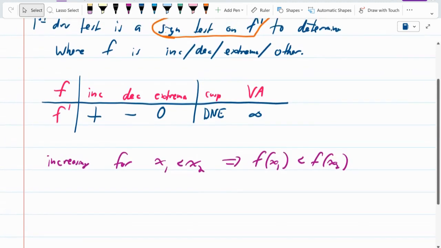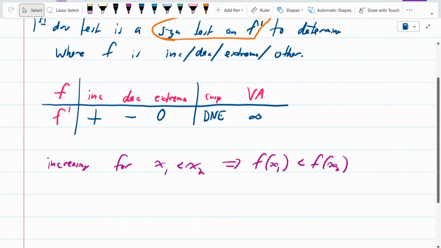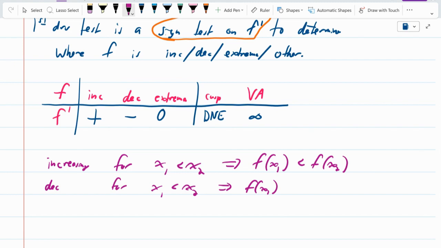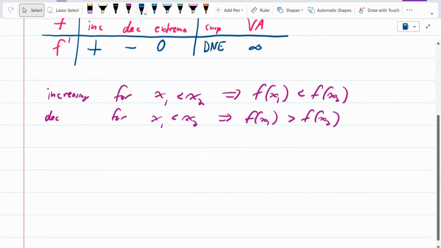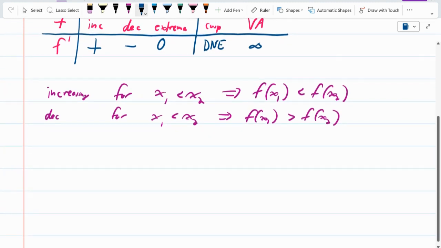I always, in math notation, like to think of it in English: it means that if x's are increasing, y's are increasing. And likewise, decreasing means the opposite. It means that for x1 less than x2, f of x1 has to be greater than f of x sub 2. So that formalizes the definition of increasing. And now we move into some examples.